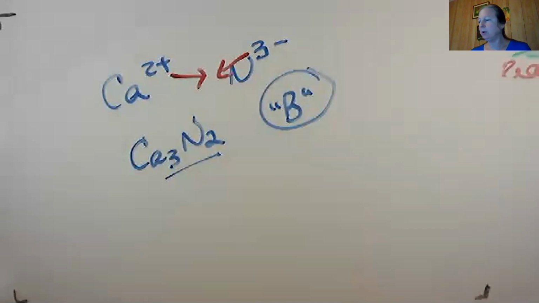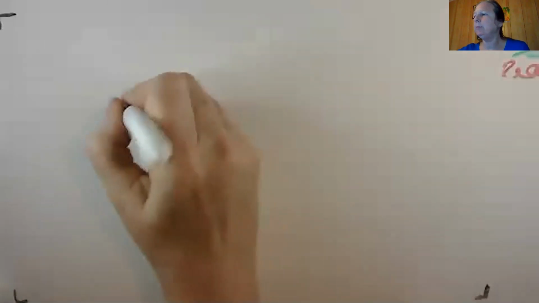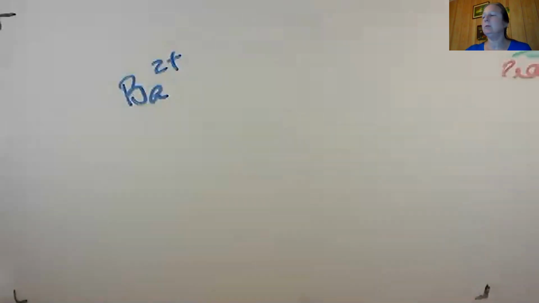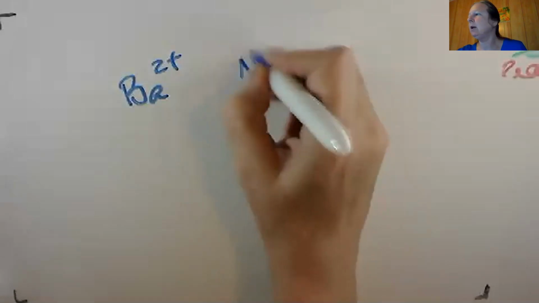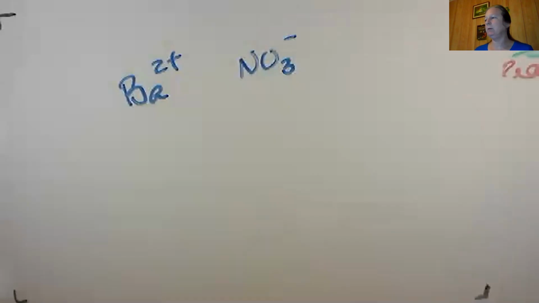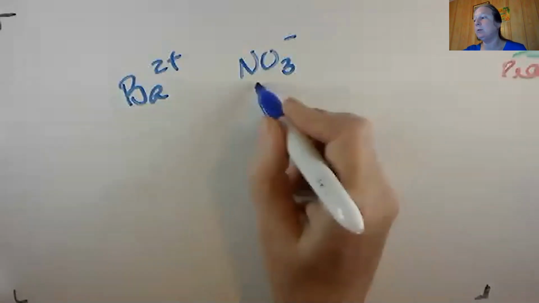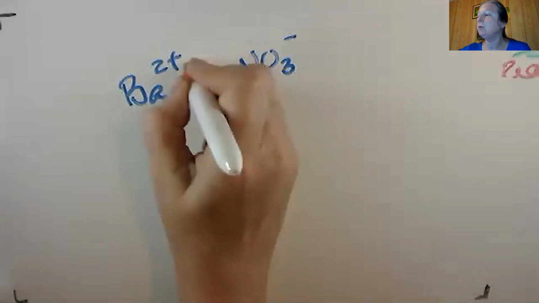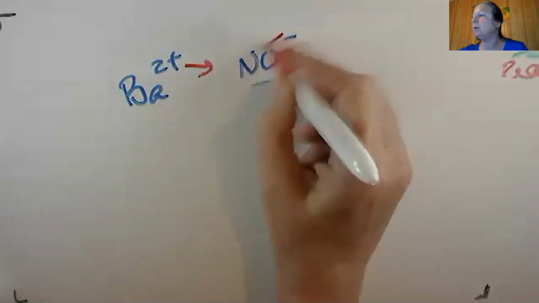The second example, since it's too hard for me to bounce back and forth, is barium, which has a 2+ charge, and nitrate ion. This is a polyatomic, and the next section is going to be learning how to name these. So with my crisscross, this 2 is going to go down there, and that 1 is going to go down there.